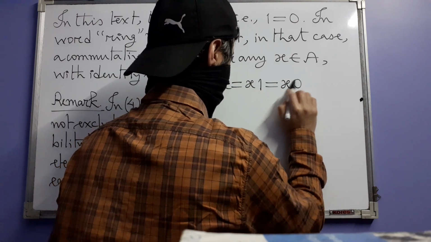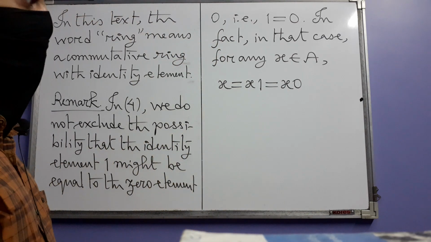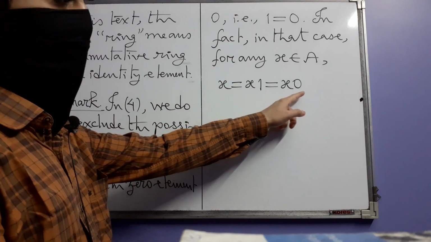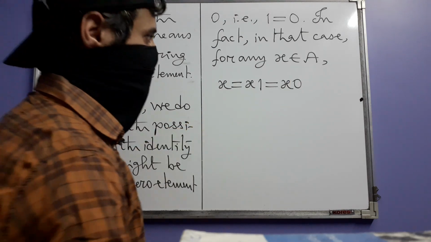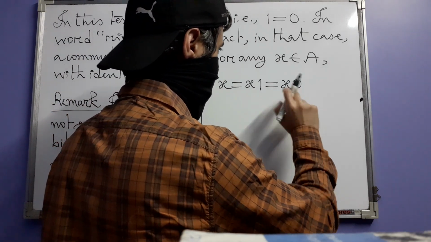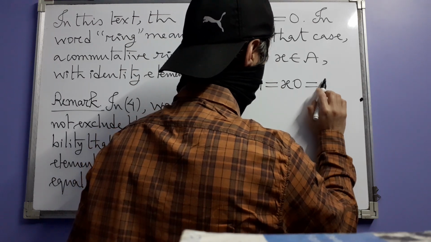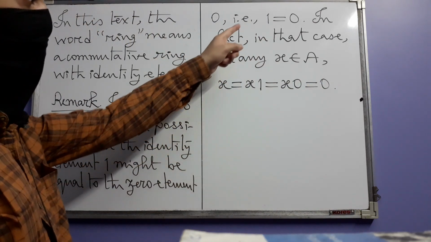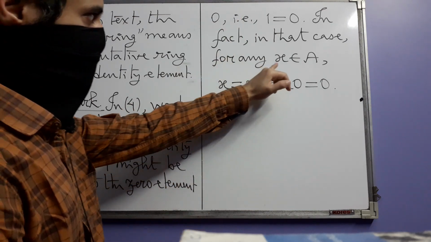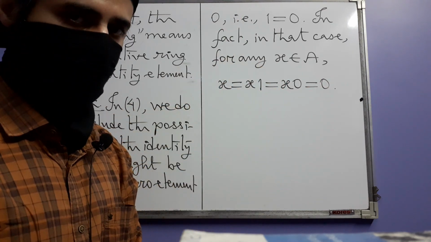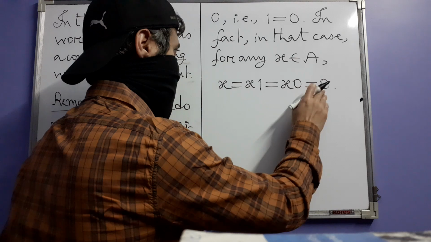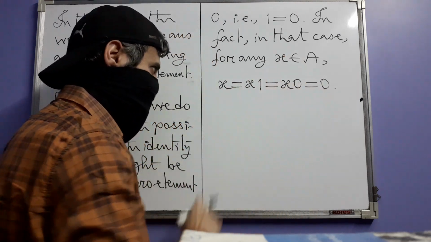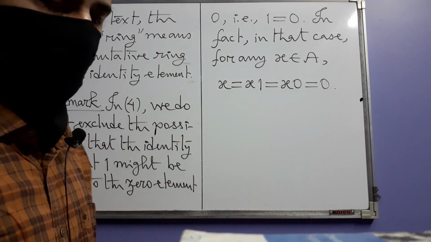But now the identity element is also the 0 element, and you know from elementary properties of rings that whenever you multiply a ring element by 0, you get 0. So in such a ring where 1 is equal to 0, the only element is the 0 element. And in fact that element itself plays the role of an identity element.